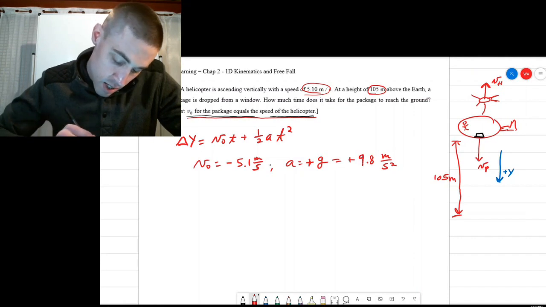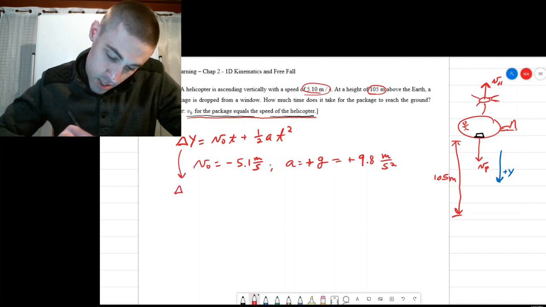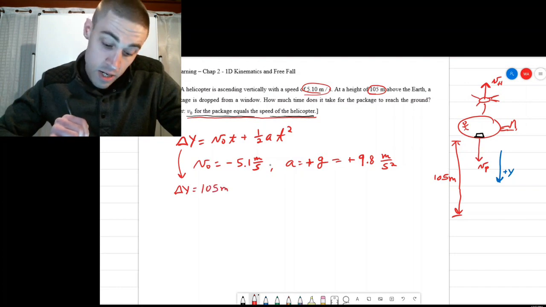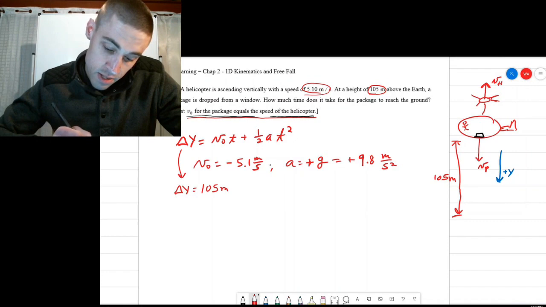Okay, and I was also given delta y. The total distance that this thing travels is going to be 105 meters. That's how far it has to go to get to the ground. So I can plug all of these numbers in, and then I can solve for t.